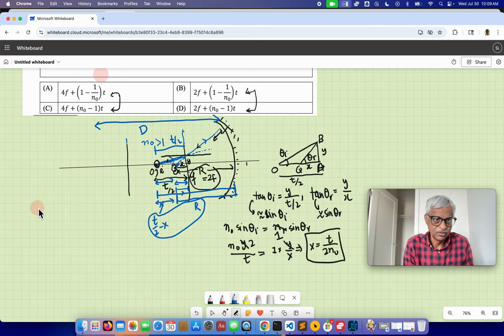Distance D should be 2 times R plus T over 2 minus X.